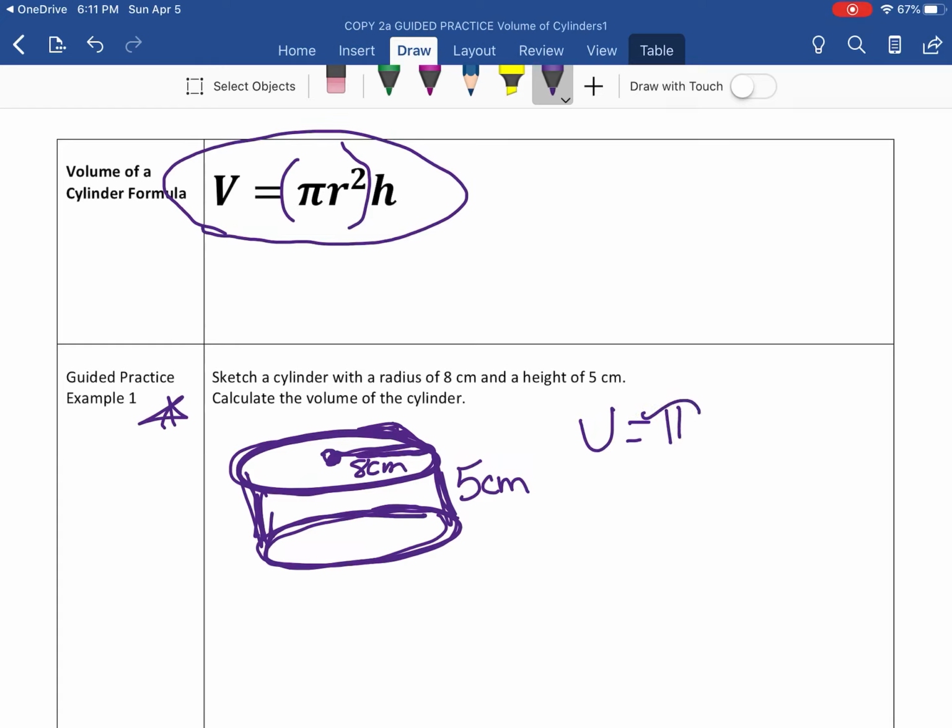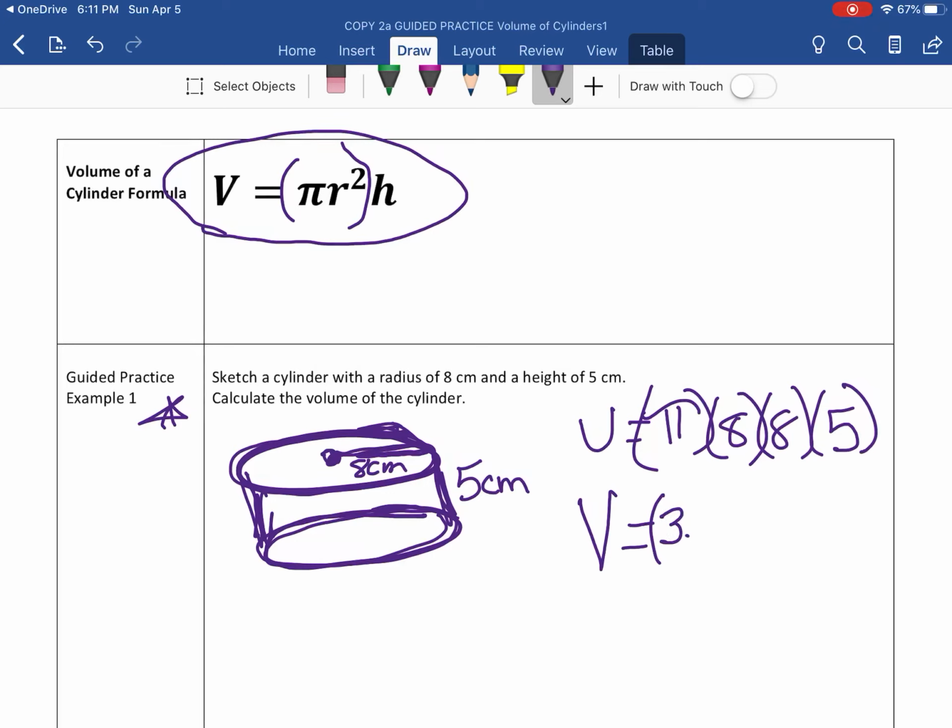Volume equals pi times radius, which is 8, and it's 8 squared. I like to write it out 8 times 8 so we don't accidentally go 8 times 2. So pi times radius times the height, which is 5. Volume equals, okay, sketch that out in your notes.